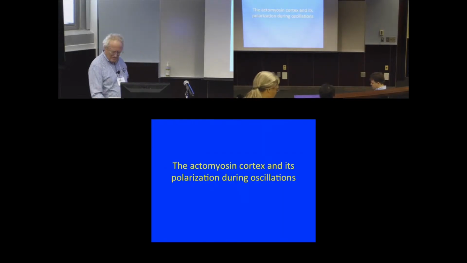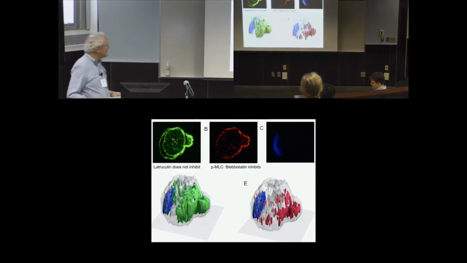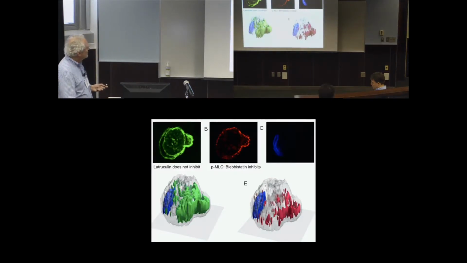Now, what we know is during this phenomenon, fixed cell studies tell us that the actin cortex, and we're staining with phalloidin here, is highly polarized. This is probably the contractile portion. And we know that latrunculin does not inhibit this phenomenon. We know that if we stain for phosphomyosin 2, we can see that this would be the contractile portion of the cortex.